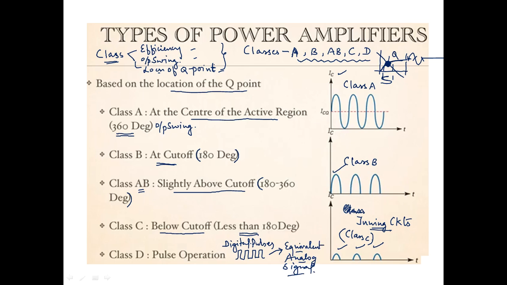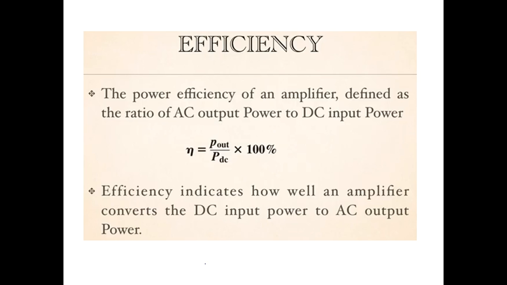That is the purpose of class D amplifiers. It is clearly mentioned that class D amplifiers are used for pulsed operation. So that was a very brief distinction between different types of power amplifiers.